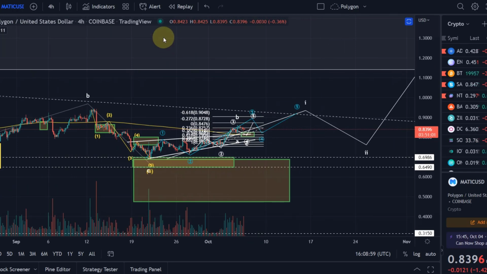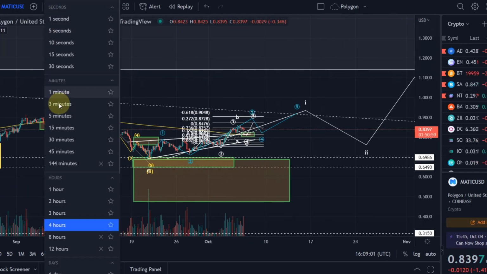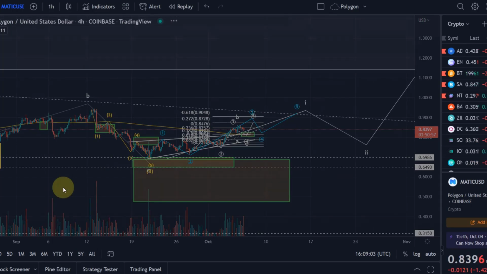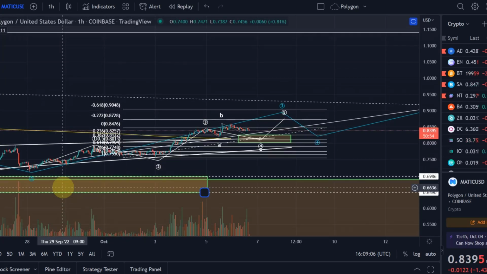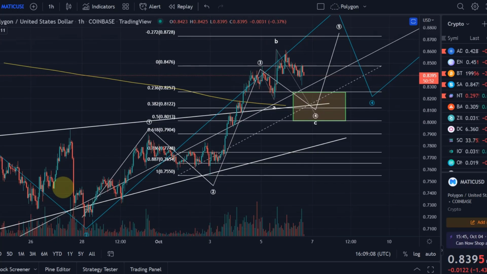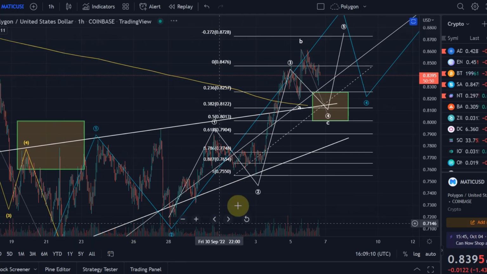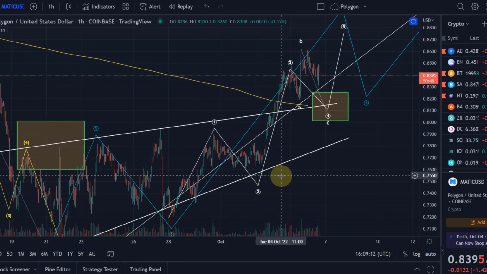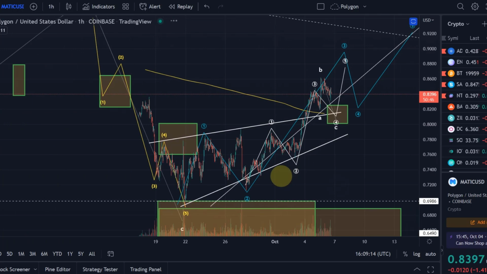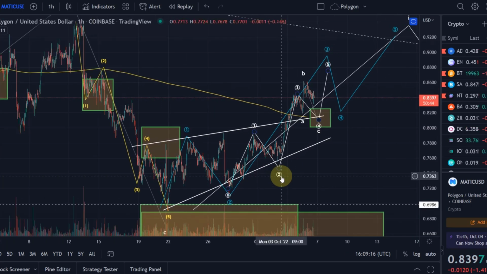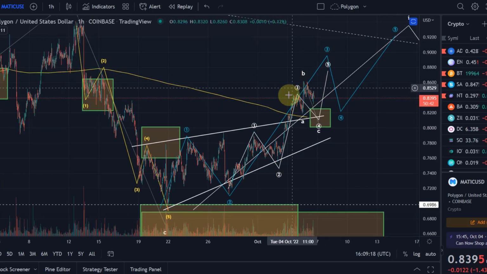Now let's do some micro counting here and update that count. Go to the 1-hour chart again, and maybe we take the FIBs out first. If you've seen my previous video, not really a change, just some updates here at the top.